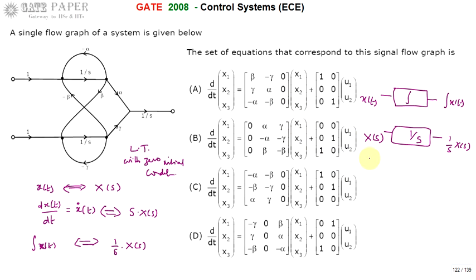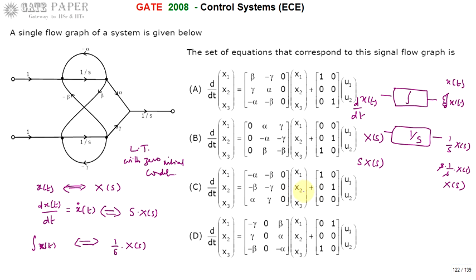Let us assume you are giving the differentiation of x of t, that is d by dt of x of t. Then the d by dt and the integration cancel, so you get only x of t at the output. Equivalently, in the frequency domain, differentiation of x of t is s into x of s, and applied to an integrator, s into 1 by s into x of s, the s cancels, so you get x of s itself.